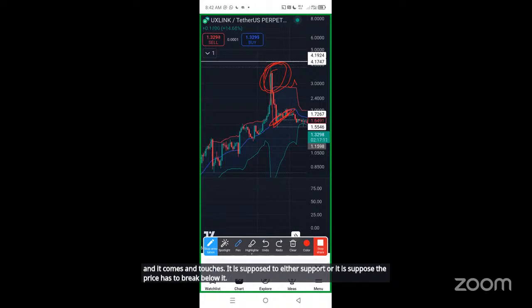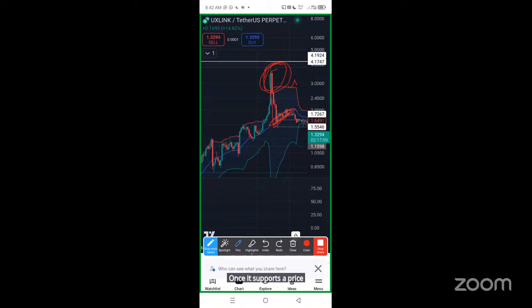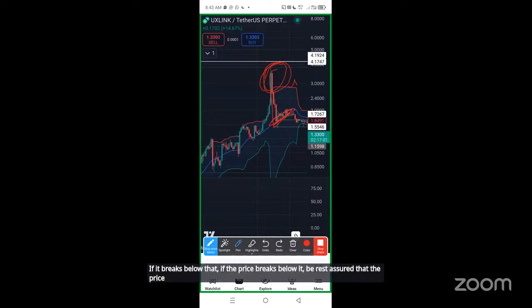Once it supports the price, be rest assured that the price is going to rise again. If the price breaks below it, be rest assured that the trend would have already changed, so it is going to take the opposite of the previous direction. So this is what has been happening.